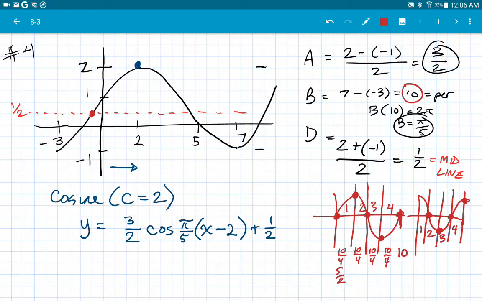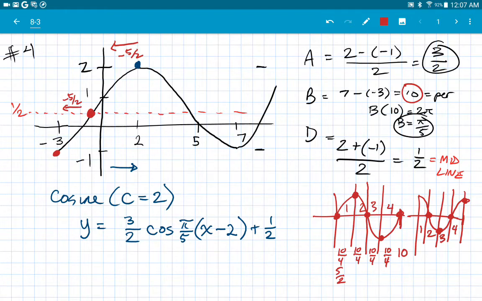So what we can say is that if this is where we're at, the 2, if we go back 5 over 2, then we will be at our next important point, which is this middle point. If we go back another 5 over 2, then we'll be at this important point. So going back each quarter will always give us that next important point.